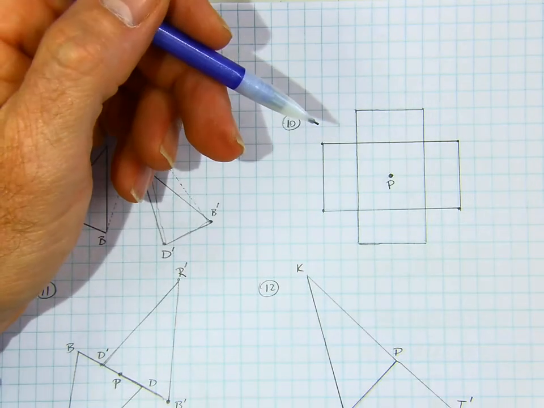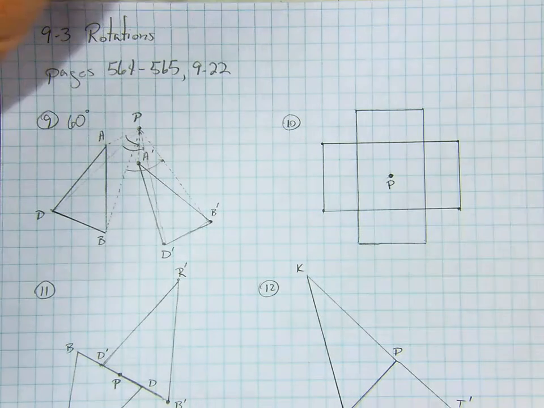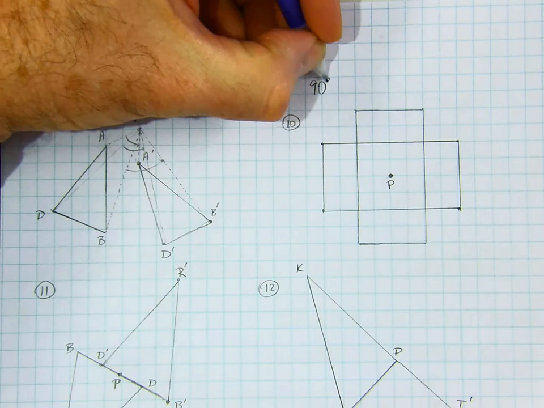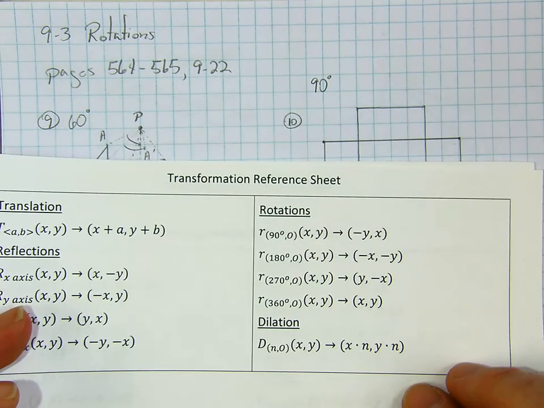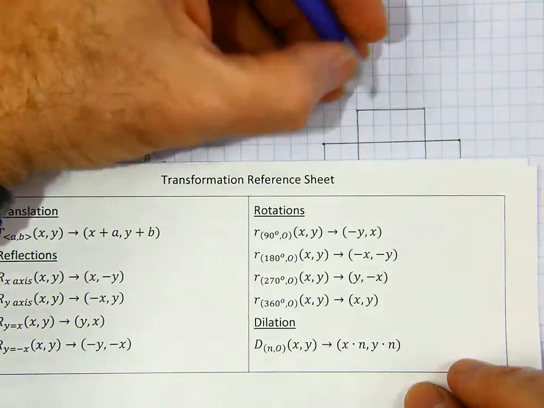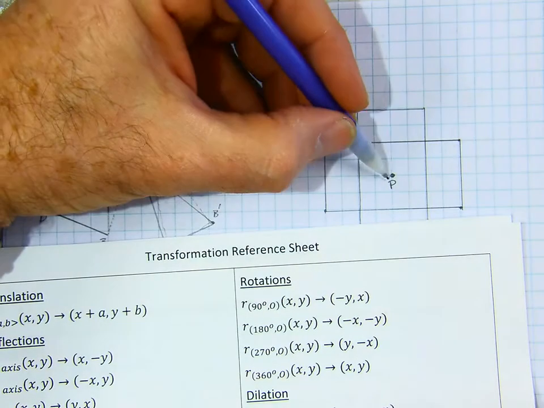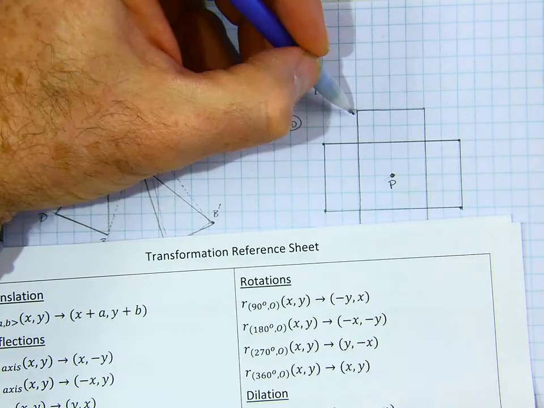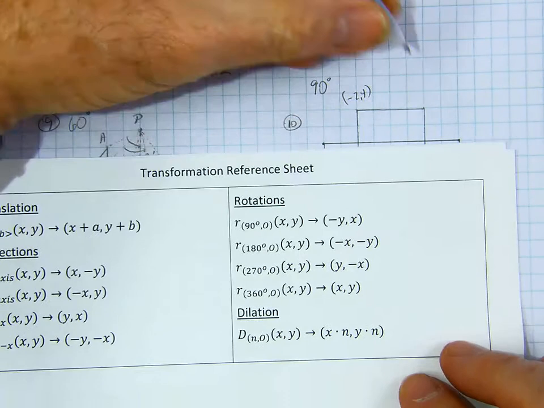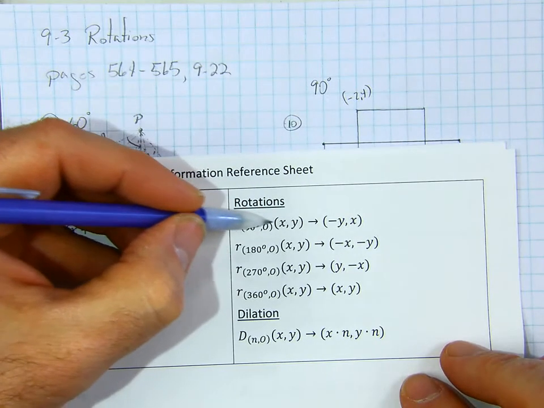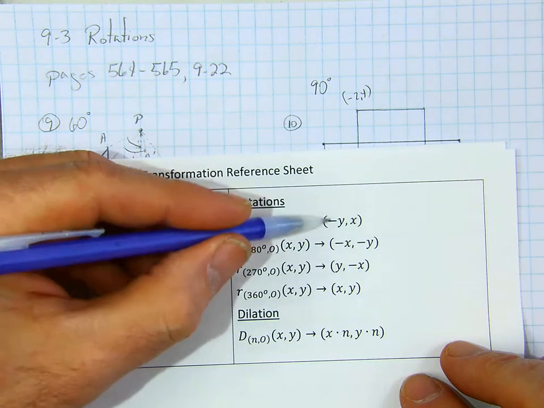We could have used the rule on this one, because of the rule for rotating 90 degrees that I gave you on this sheet. See this point, if we say this is the origin, then we went over 2, up 4. This would be -2, 4. And using the rule, rotating 90 degrees, it's going to flip around and the first one's going to change.